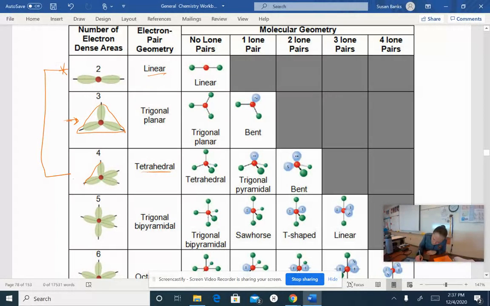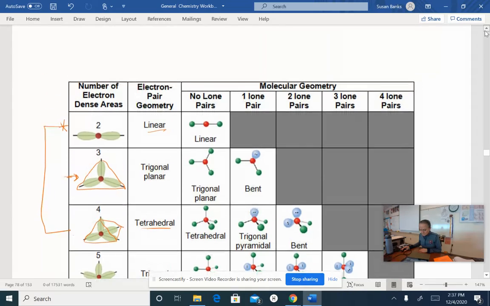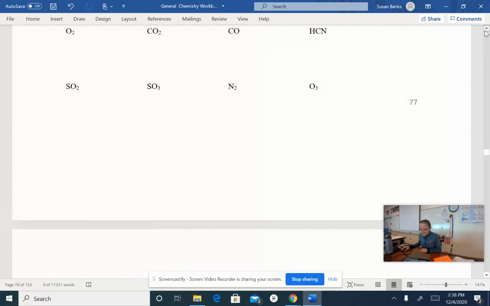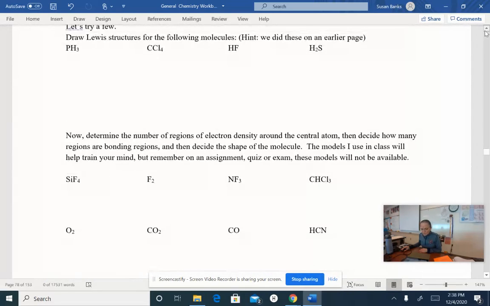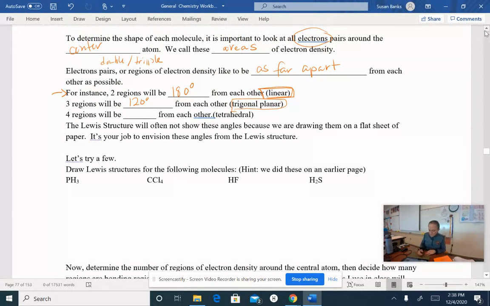That's a tetrahedron, so we call it a tetrahedral shape. Four regions are about 109.5 degrees from each other, and that is a tetrahedral shape.